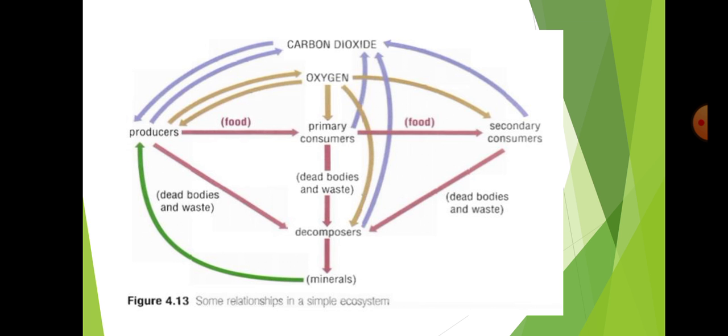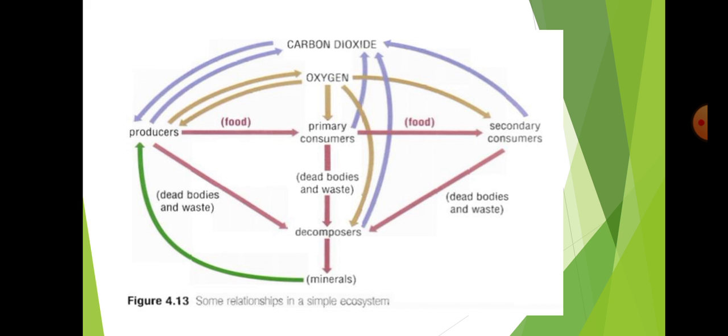So this is figure 4.13, and it shows the relationship between the living and the non-living part of the ecosystem, with the producers, the consumers, and the decomposers playing parts. The producers are food for the primary consumers and food for the decomposers, their dead bodies, and the primary consumers are food for the secondary consumer.